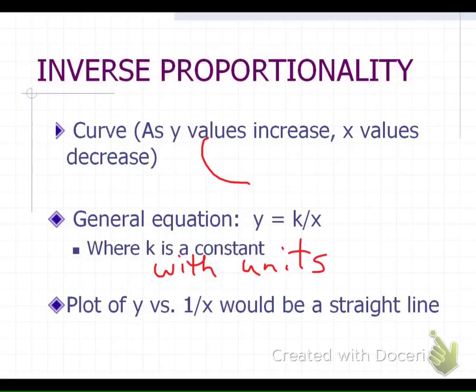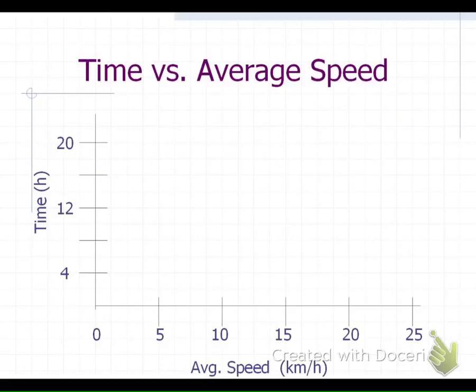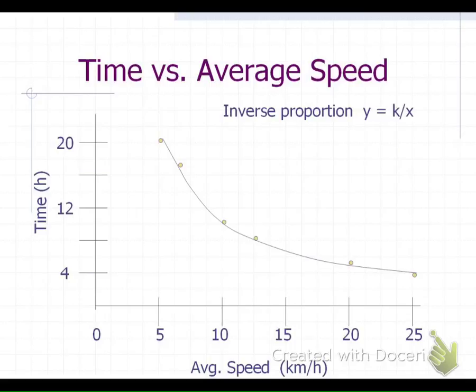So let's look at an example. We have data for a time versus speed graph. And when we plot the points, we see that it looks like a C, fitting the equation y equals k over x. So we want to find the equation for this example.